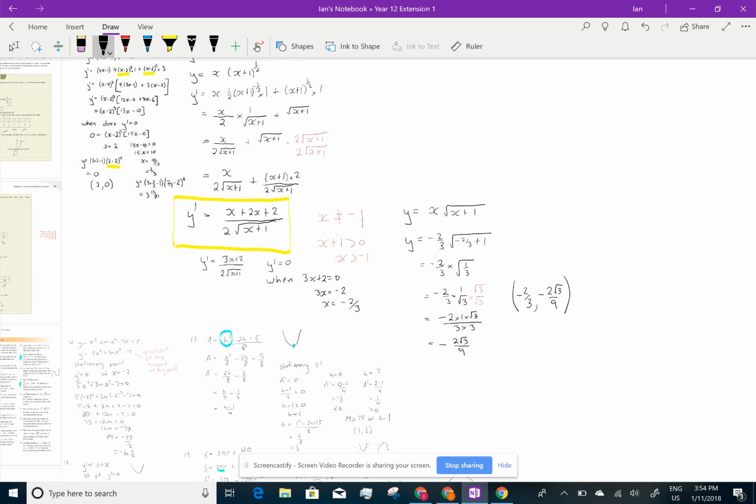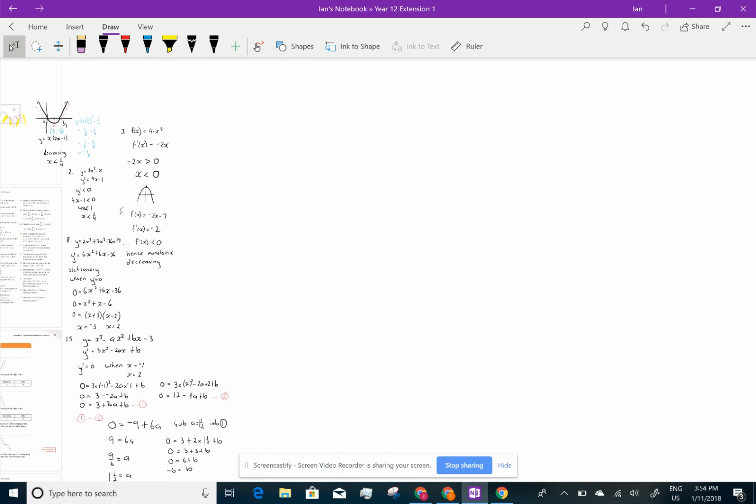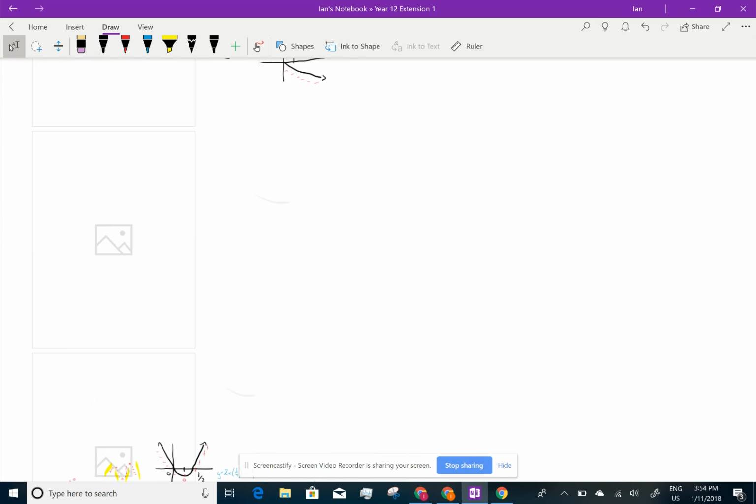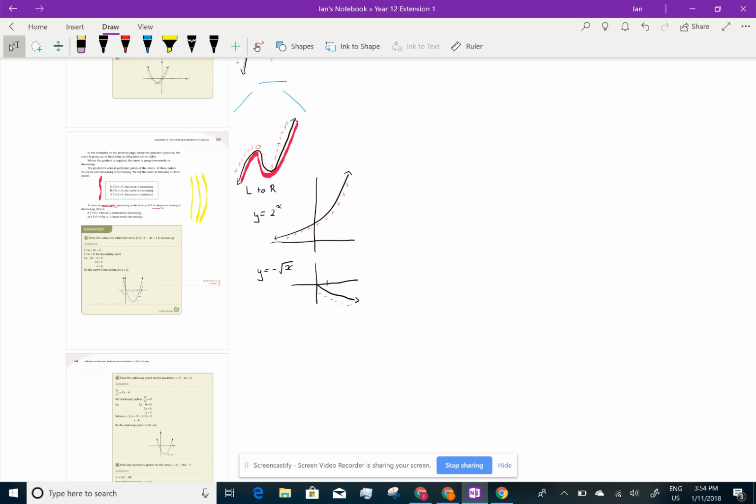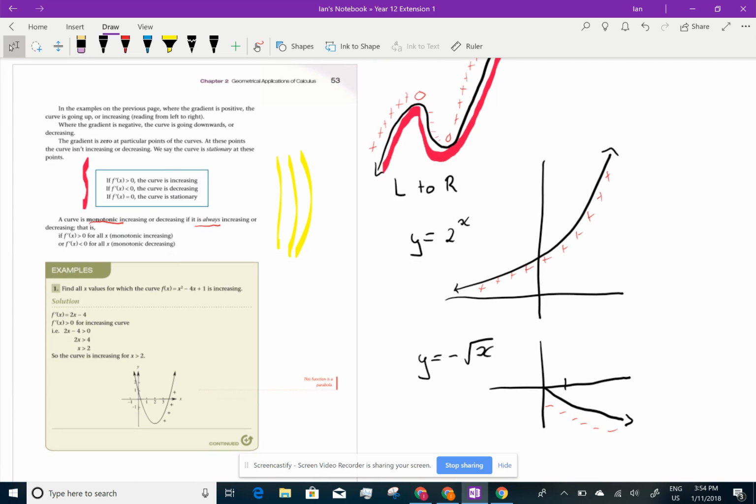So what are you going to be doing with these? You're going to make sure you recognise that if the derivative is greater than 0, the curve is increasing. If the derivative or the gradient function is less than 0, the curve is decreasing. If the derivative equals 0, the curve is stationary.